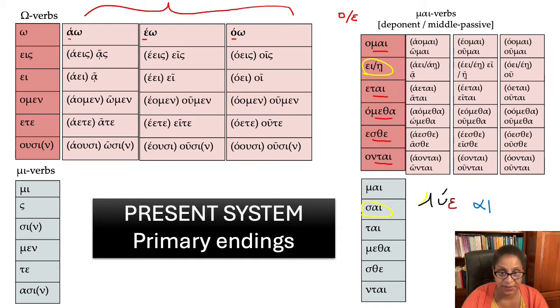The answer is it gives you a, right? So we get lu a, or the eta, lu a. Okay, that'll be our ending.